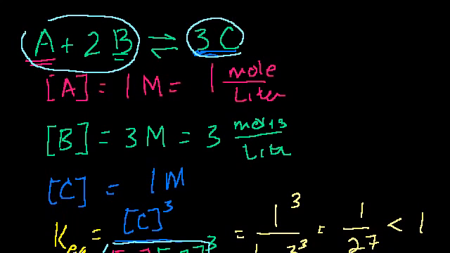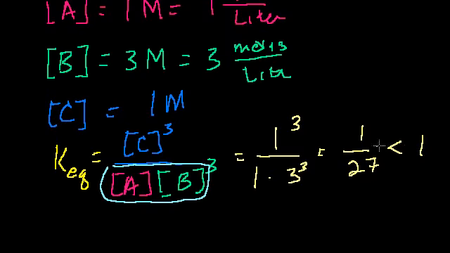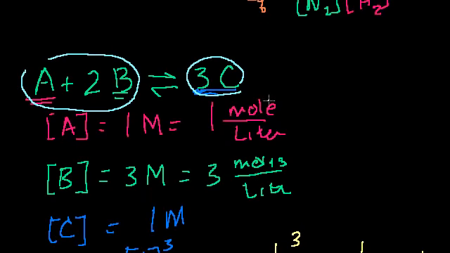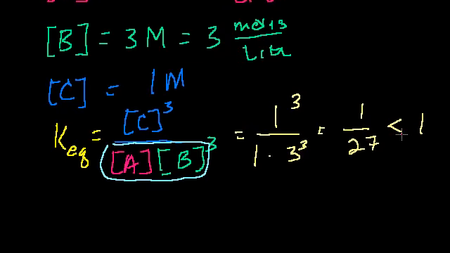And because we're left with a lot more of that, our equilibrium constant is less than 1, which means that the reaction favors the backward direction. Think about it. Because there's more of this, the right to left reaction must be happening more than the left to right reaction, and that causes the equilibrium constant to be less than 1.